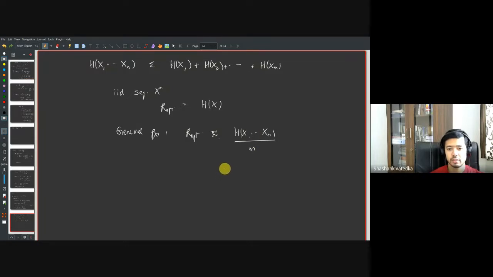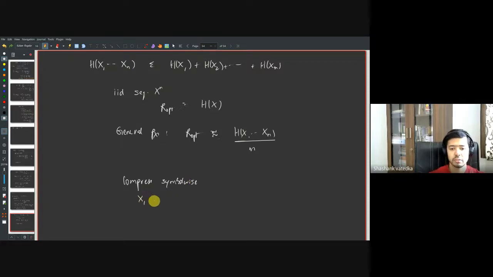All right. Now, if I try to compress this as an IID sequence, if I compress each symbol independently, then I can compress X1 to H(X1) bits, X2 to H(X2) bits, and so on. So you compress symbol-wise.